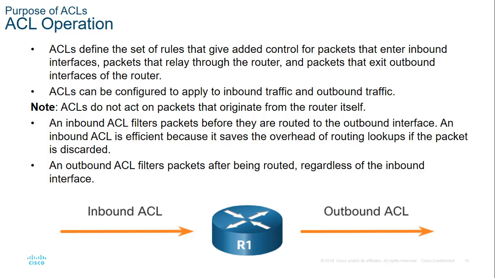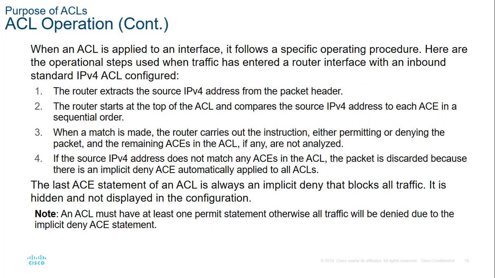When an ACL is applied to an interface, it follows a specific operating procedure. So for example, here are the operational steps used when traffic has entered a router interface with an inbound standard IPv4 ACL configured. One, the router will extract the source IPv4 address from the packet header.